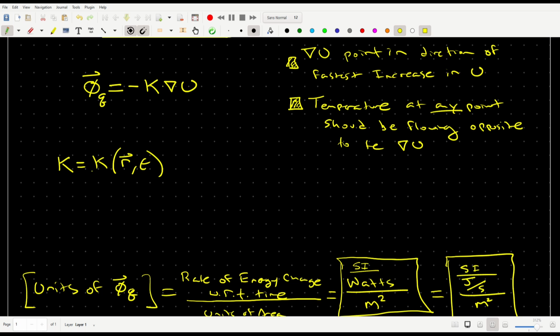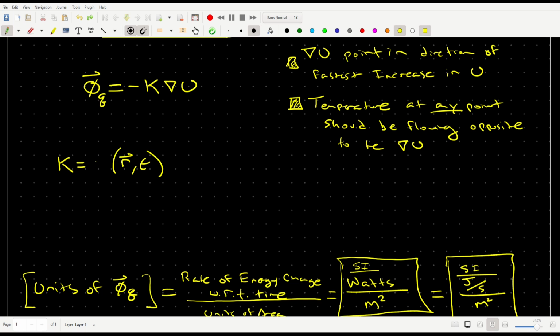And most generally, K could actually be a matrix, right? If you have what's called an anisotropic material, you will have that K is actually a matrix function of position and time that's multiplying the gradient vector. We won't be considering that right now because it's a little bit more complicated, but the equations that you get are similar and still do apply to really more interesting problems in mechanics and heat flow.